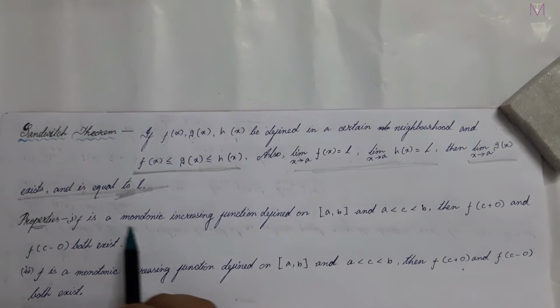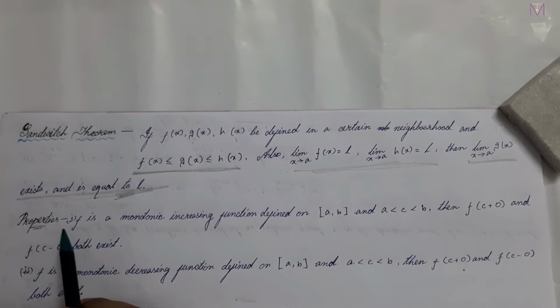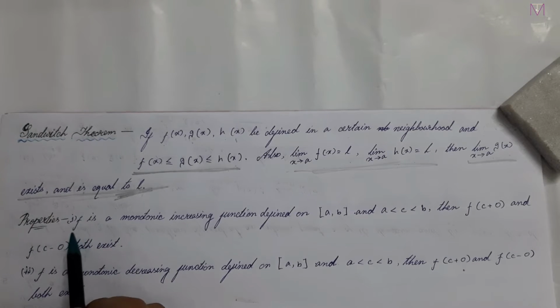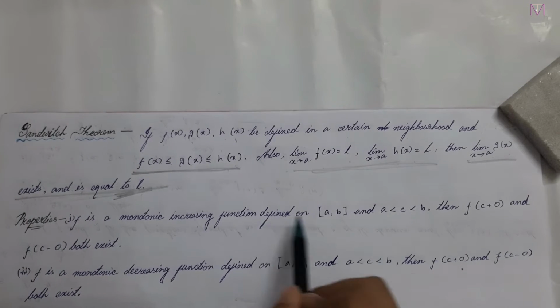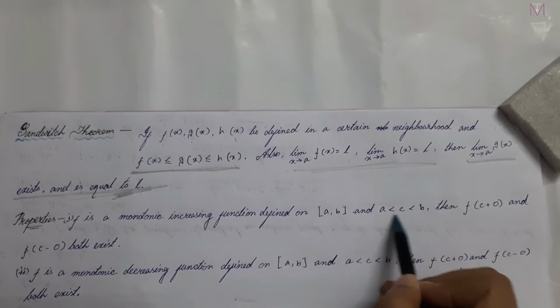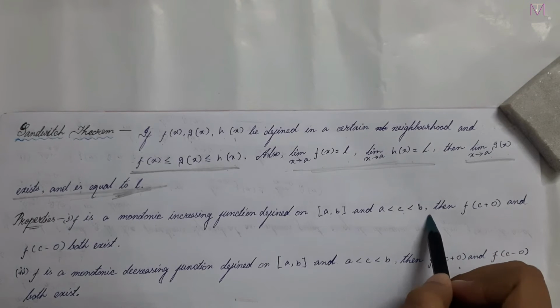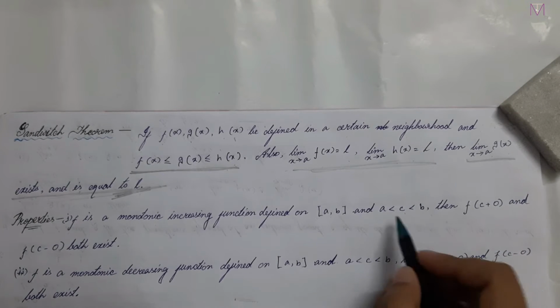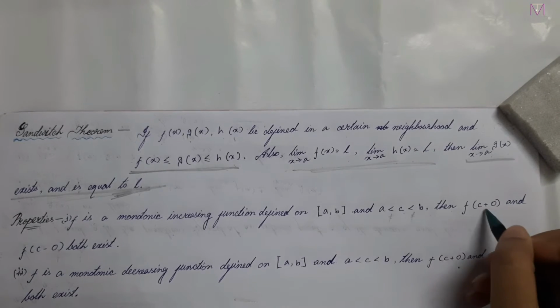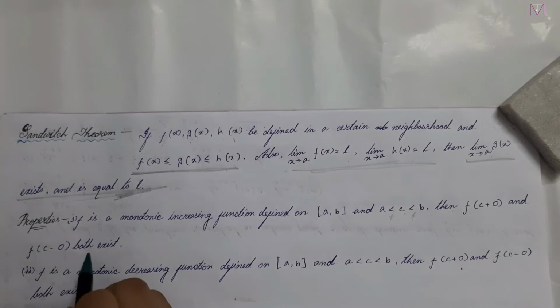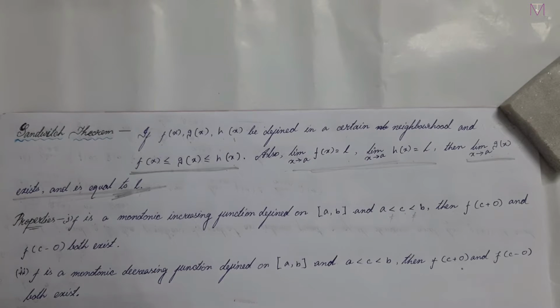Just remember this, which is very important, and it helps to find many results. Let's discuss some properties. If f is a monotonic increasing function defined on [a, b], and a less than c less than b, then f(c+0) and f(c-0) both exist. You have to remember this one.